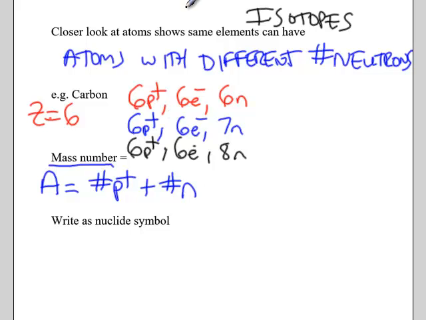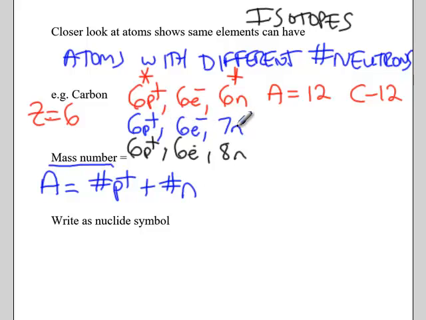So the red isotope of carbon would have a mass number of, adding together protons plus neutrons, 6 plus 6, a mass of 12. The way you could see this written is the symbol from the periodic table, then a dash, and then the mass number. So that would be called an atom of carbon-12.